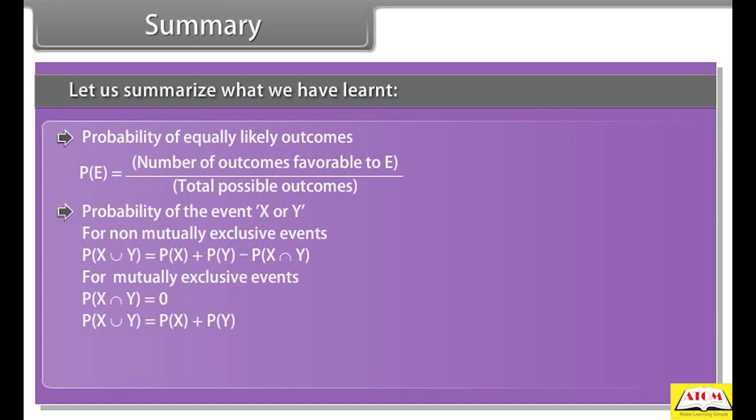For mutually exclusive events, P(X intersection Y) = 0, so P(X union Y) = P(X) + P(Y). Probability of the event not X: P(X dash) = P(not X) = 1 minus P(X).